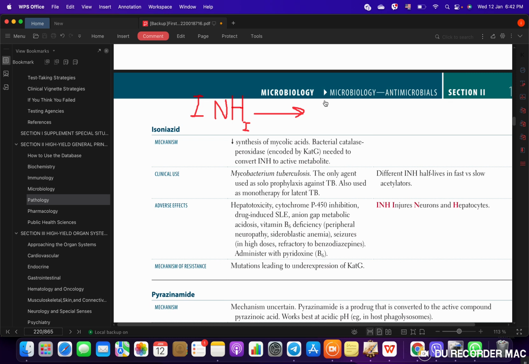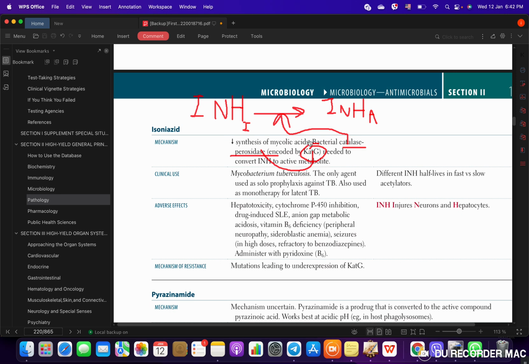To make it active, you need the catalase peroxidase, which is encoded by the KatG gene. So the KatG gene will make these enzymes, which convert the inactive form of isoniazid into the active form. Why am I telling you about all of this? Because this plays a role in the resistance.